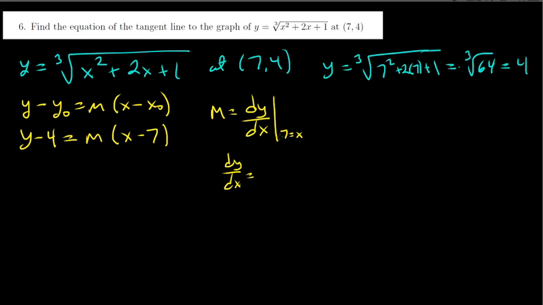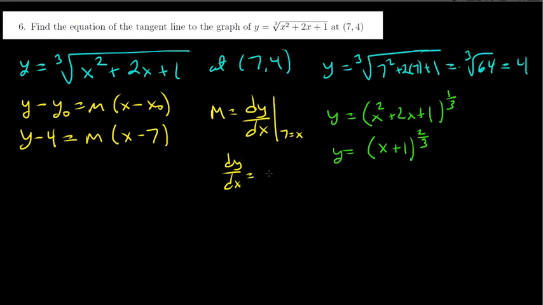Well, before we take the derivative, we might want to rewrite y as x squared plus 2x plus 1 to the 1/3. Or you should recognize x squared plus 2x plus 1 is just (x plus 1) squared. So y is really just (x plus 1) to the 2/3.